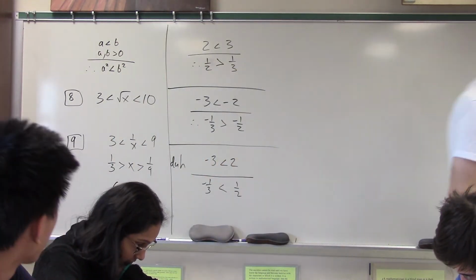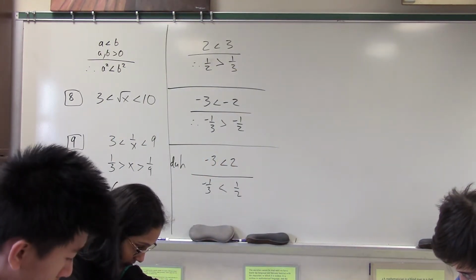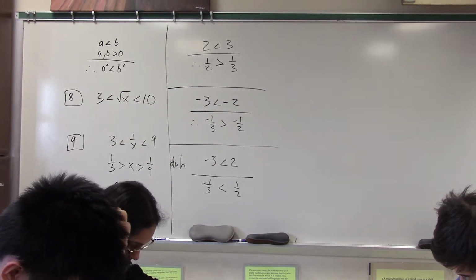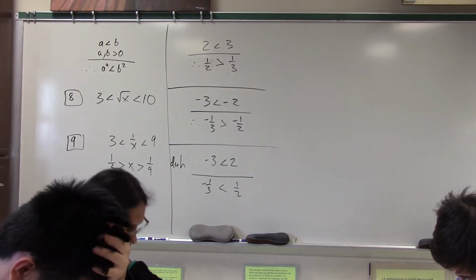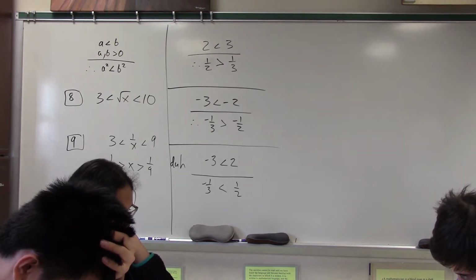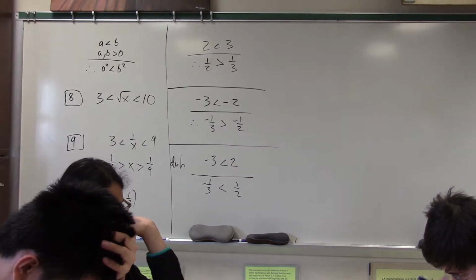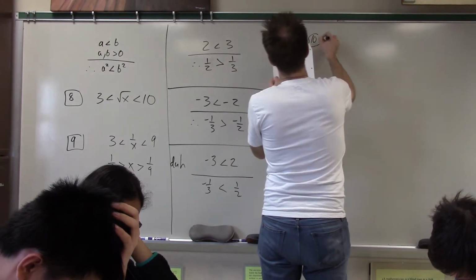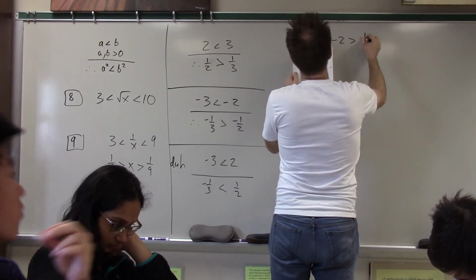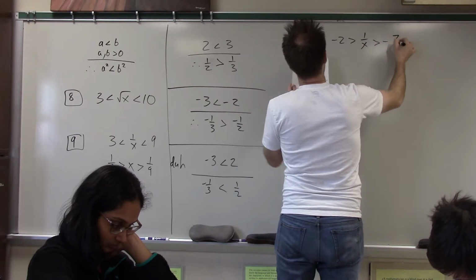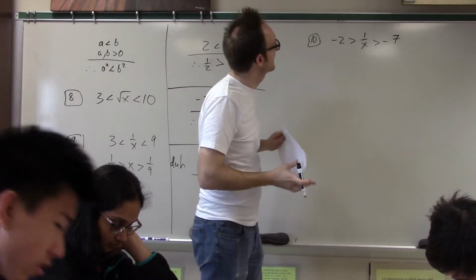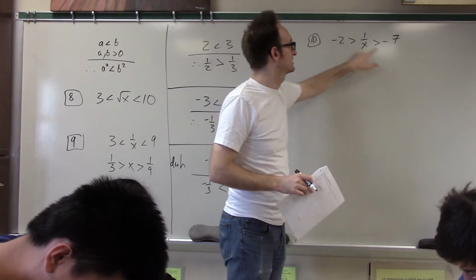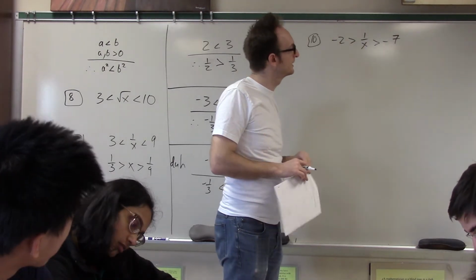And then in 10, you can do it in multiple ways, I suppose. I just multiply by x. Otherwise you could, but then you have cases, when it's negative and positive, that's what I was worried about. But maybe you don't have to worry, because here I can for sure know that 1 over x is negative, because it's between -2 and -7.